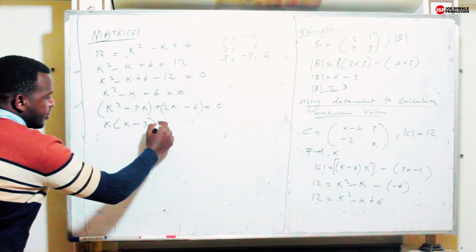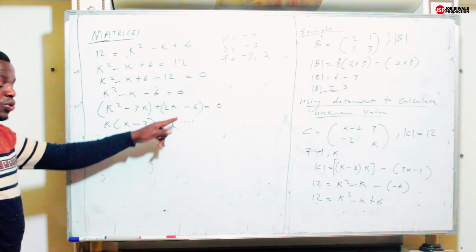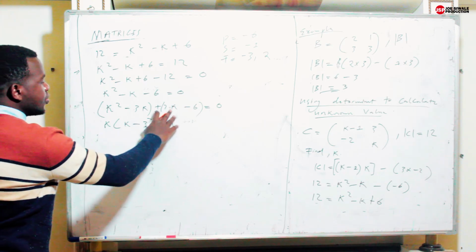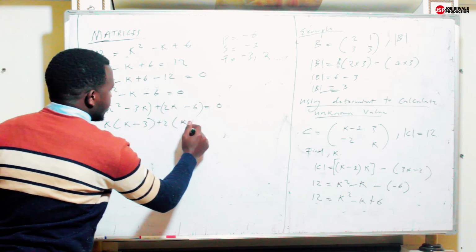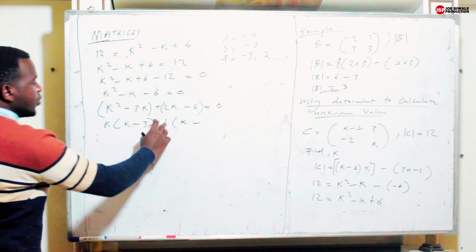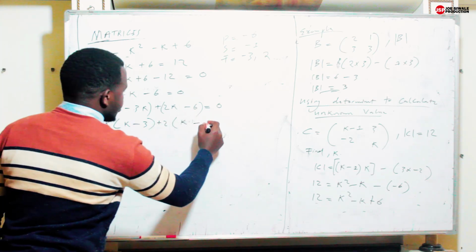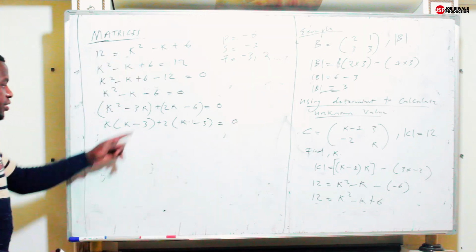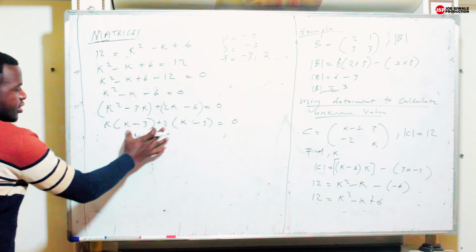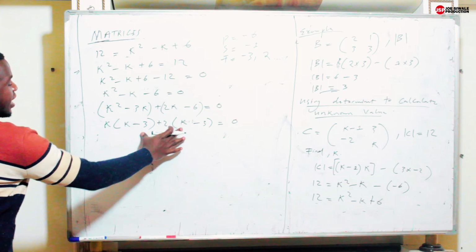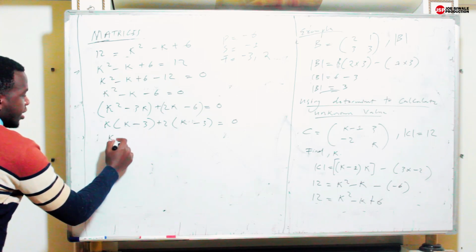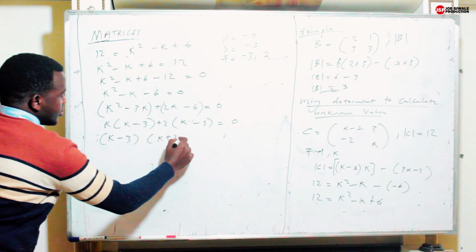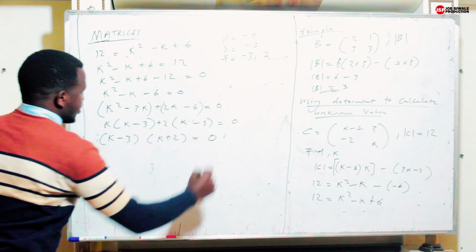We can say plus 2. So 2 there, it's common. So we'll say 2 into 2K, we're going to have K, then minus 2 into 6, we're going to have 3. It's equal to 0. So there, as you can see, these two brackets are the same. So we can say K minus 3, then K plus 2 is equal to 0.